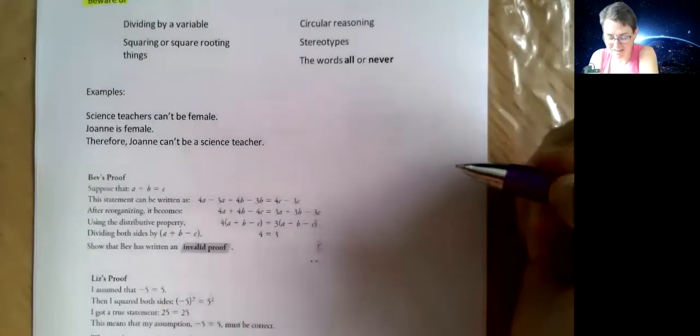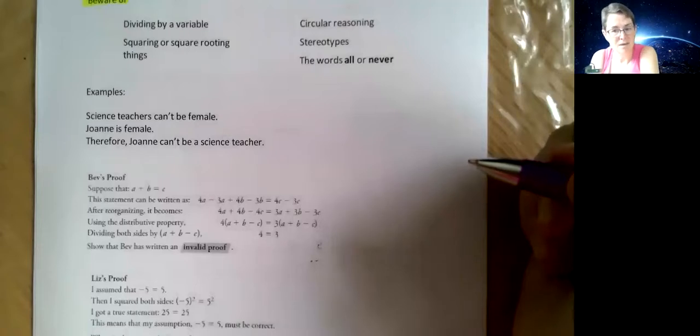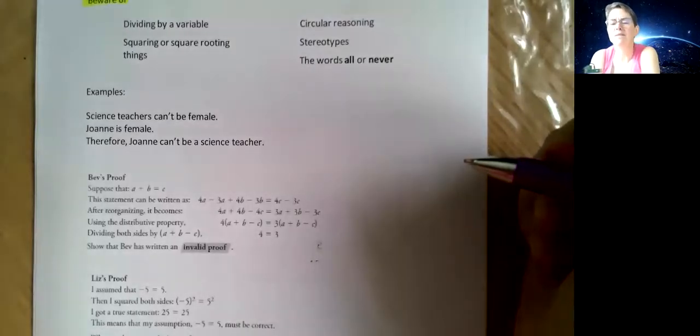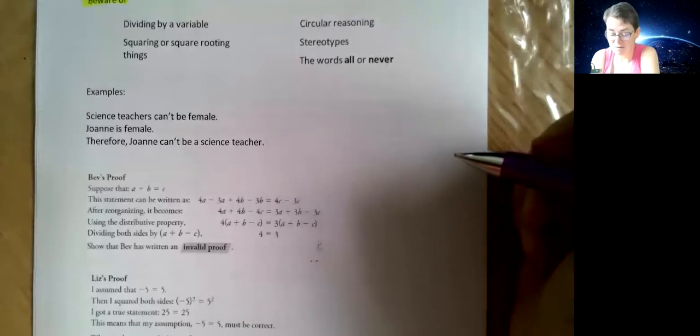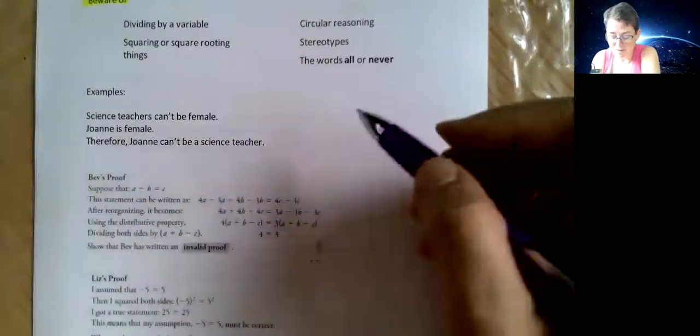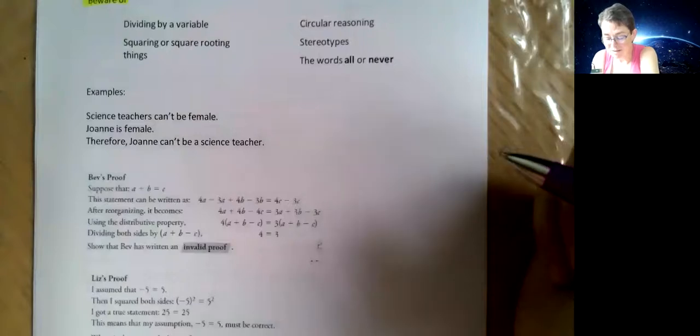Okay, first one. This is one of my favorites. Science teachers can't be female. I was actually told that on my first day of internship. I don't know if you guys ever had interns at school, but those were those student teachers who got to come and try and be a real teacher for a semester and see how it went. Well, that's what I was told my very first day. Joanne is a female, therefore Joanne can't be a science teacher.